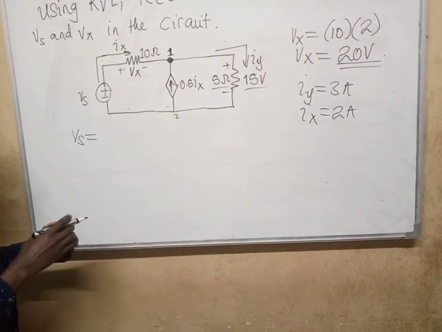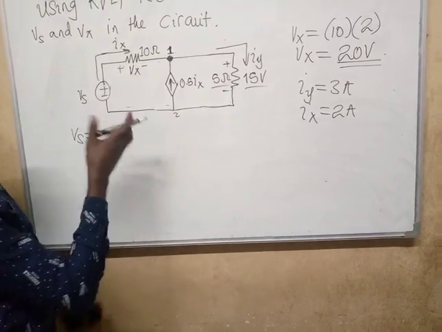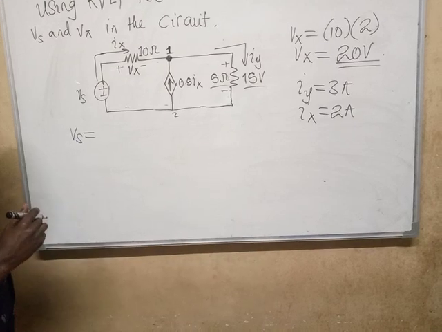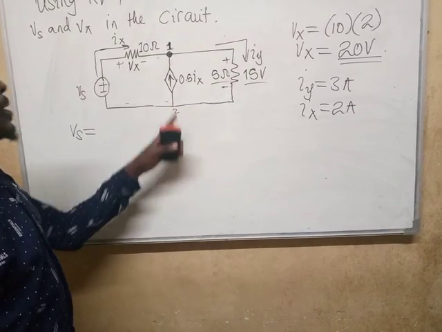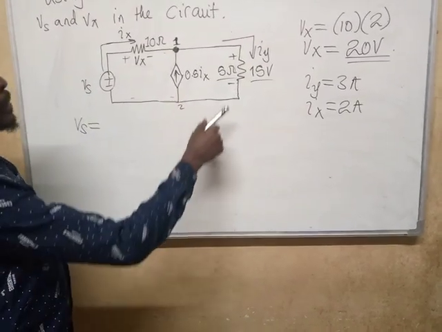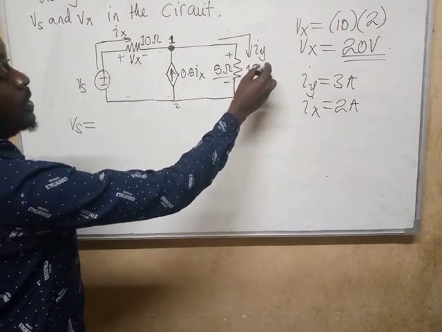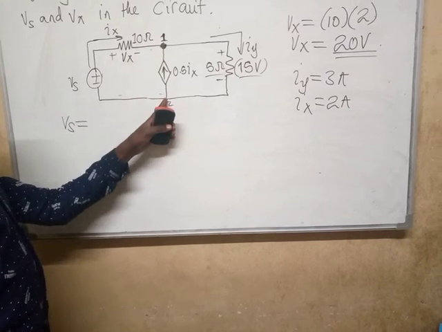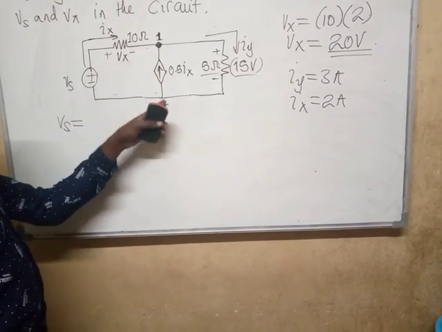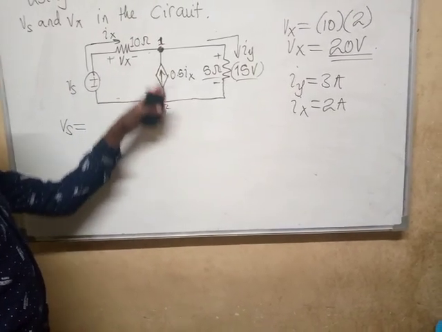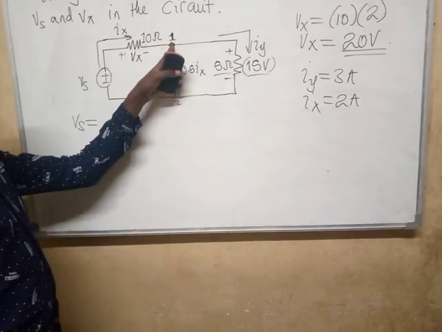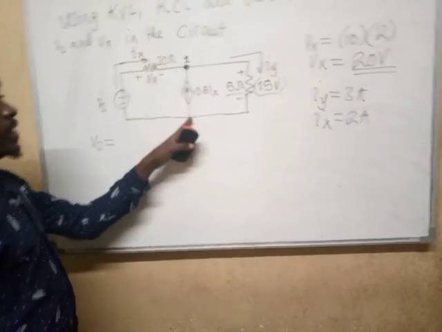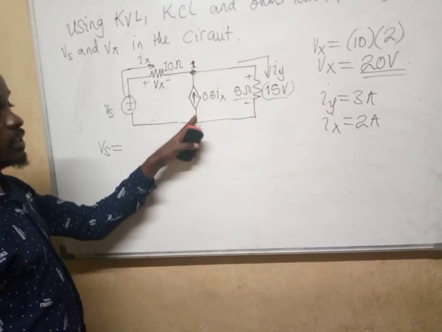We know that voltage in parallel is equal. So meaning this voltage, the 15 volts, is the voltage which is across this junction. Even across this junction, we have the 15 volts.